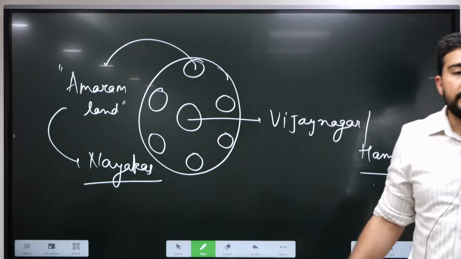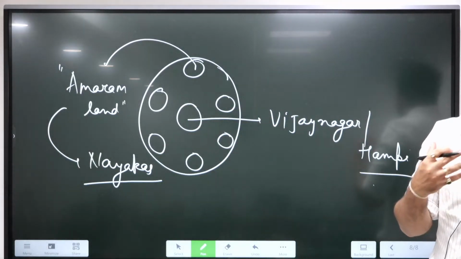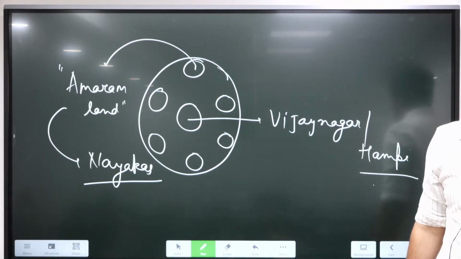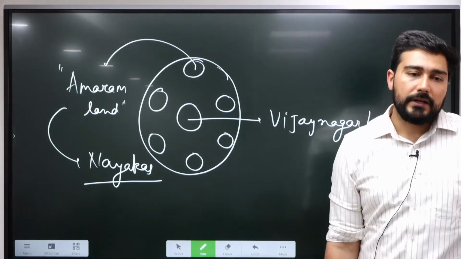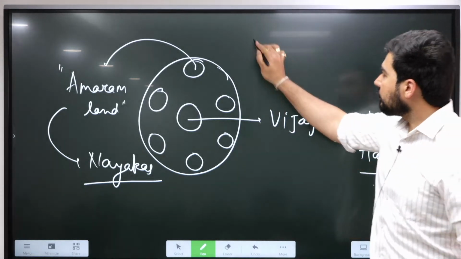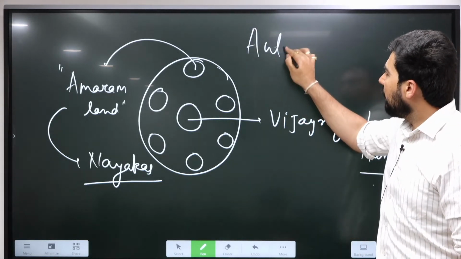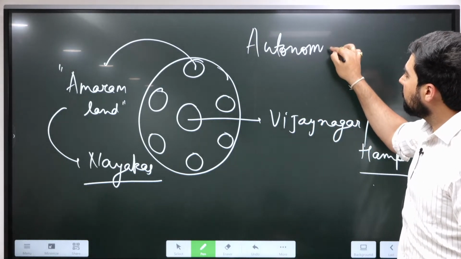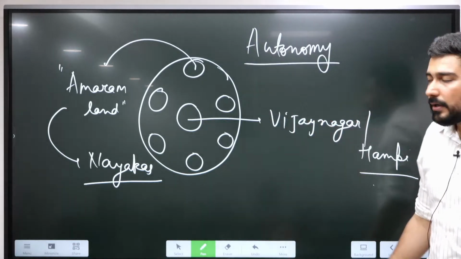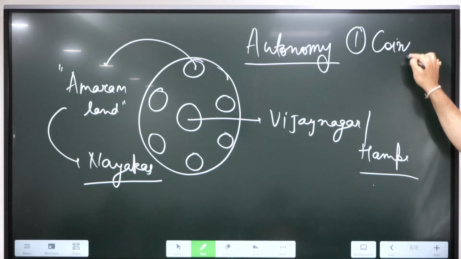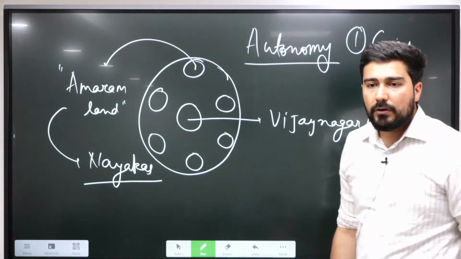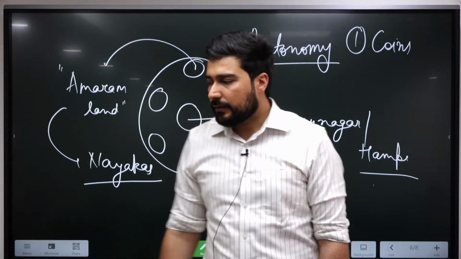But when it comes to the Nayakas, they had even more duties, but at the same time the level of autonomy was also very high. How do we judge the level of autonomy? These people could mint their own coins.